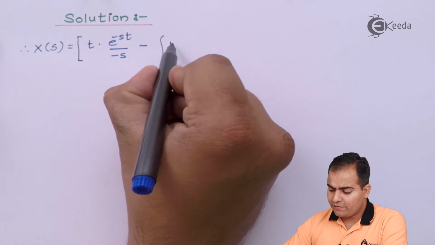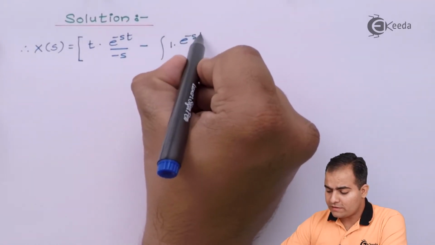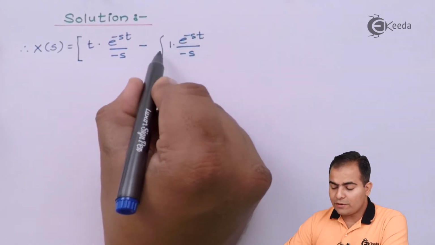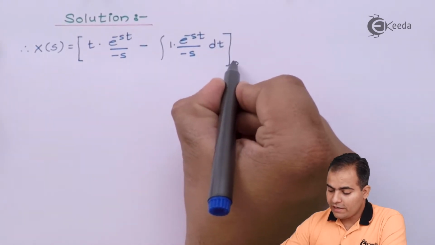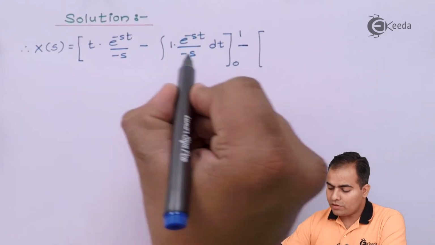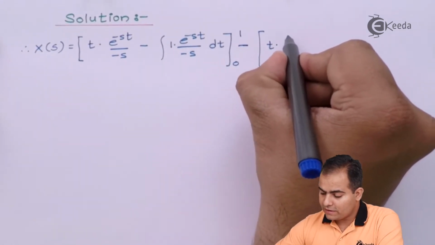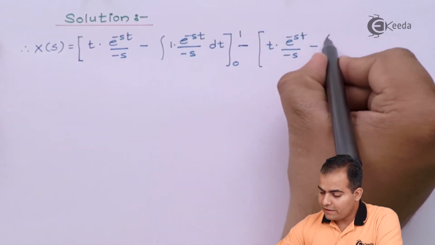So I have written 1 over here, and the integration of e to the power minus st is e to the power minus st upon minus s. But this term is again going to be integrated, that's why I am going to write here dt, and the interval limit is 0 to 1. Minus, just note down all these things once again, which is t into e to the power minus st upon minus s, minus the integration.